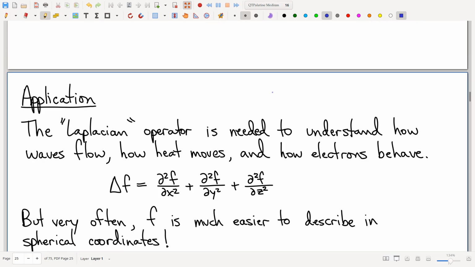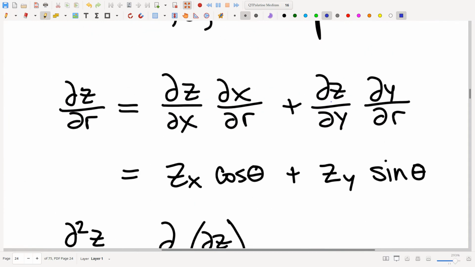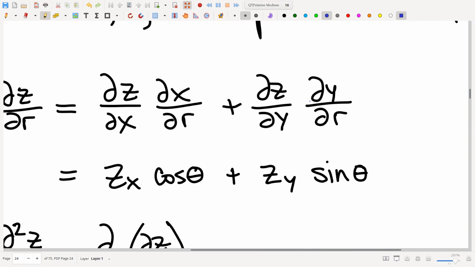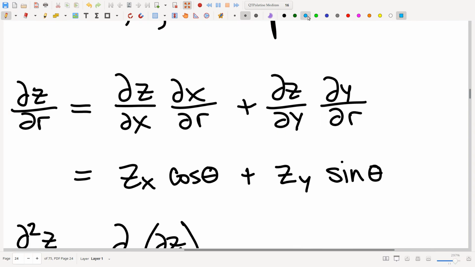And by the way, before I do that, I want to come back here. I want to rewrite this equation a little bit. What we have in this equation that I know y'all are good with, I wrote this as a partial of z with respect to r. Let's reinterpret this as an operator that applies to a function z.